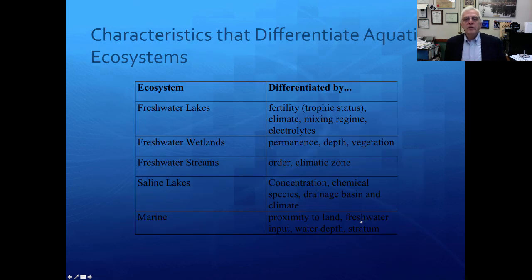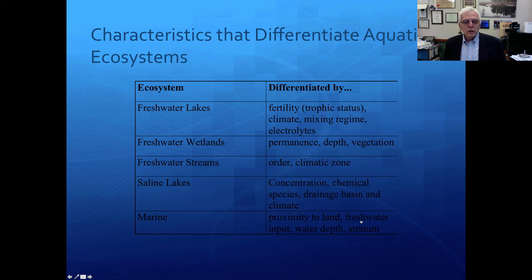Characteristics that differentiate aquatic ecosystems in general are many, but freshwater lakes are distinguished based on their fertility or trophic status, the climate, the mixing regime, and electrolyte concentration, that is salts and things. Freshwater wetlands are distinguished based on permanence, depth, and vegetation, and also on salinity because there are a lot of saline kinds of wetlands.